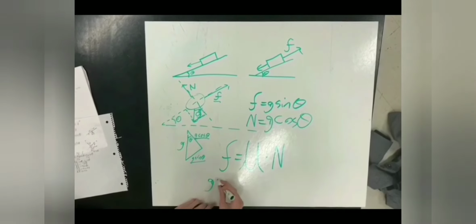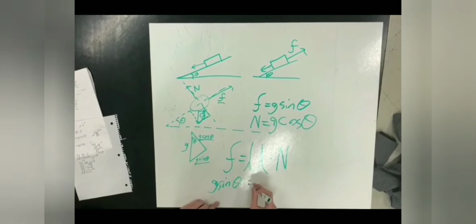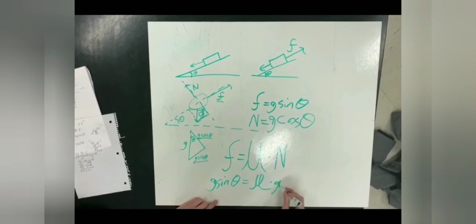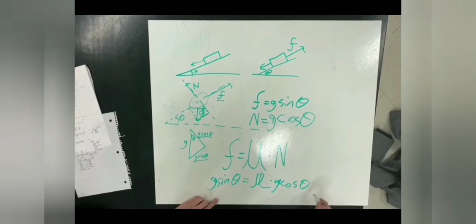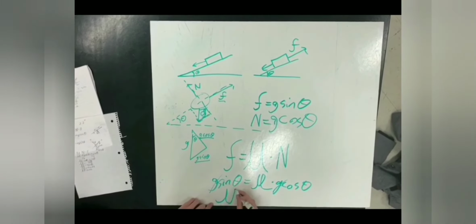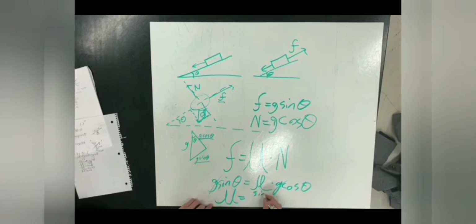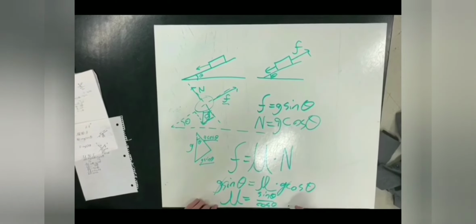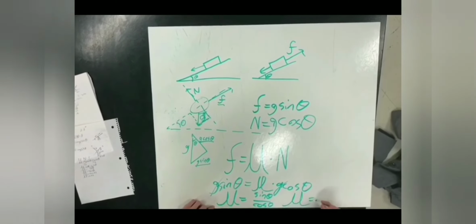So G sine theta equals nu times G cosine theta. These G's cancel out, and we get nu equals sine theta over cosine theta, or just nu equals tangent theta.